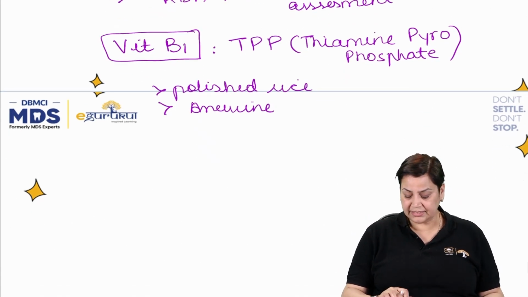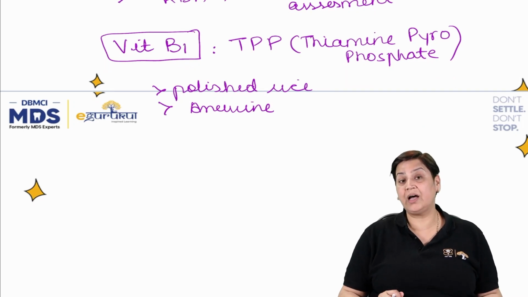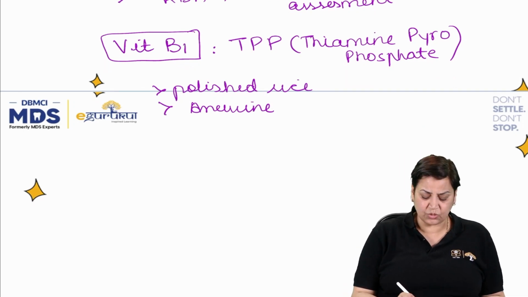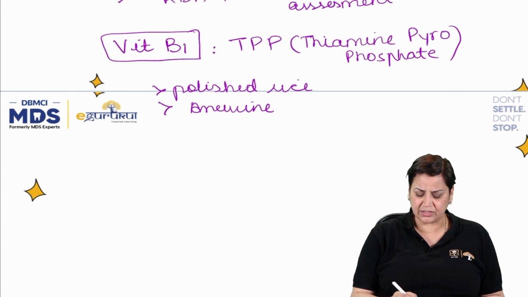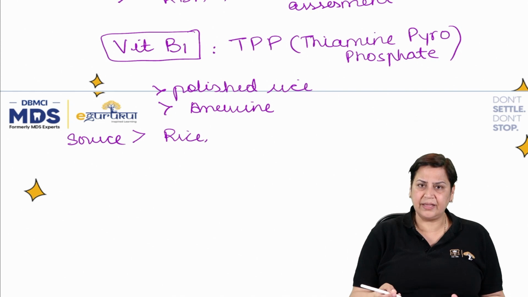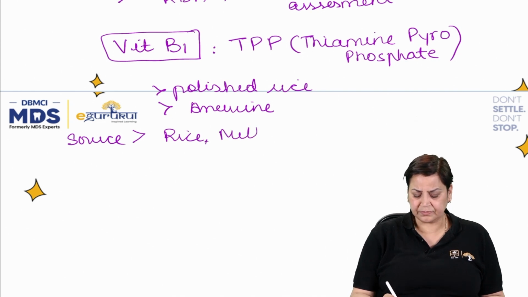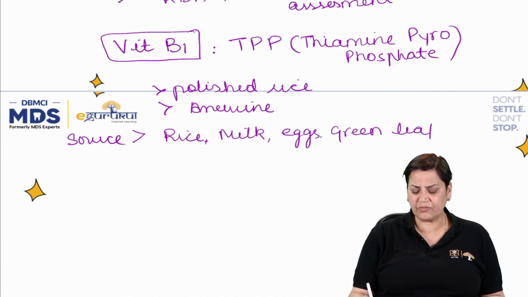Now, since this is the active form, what are the sources? Sources are very simple: rice, as I told you, then milk, eggs, and green leafy vegetables. These are in general sources of every vitamin.